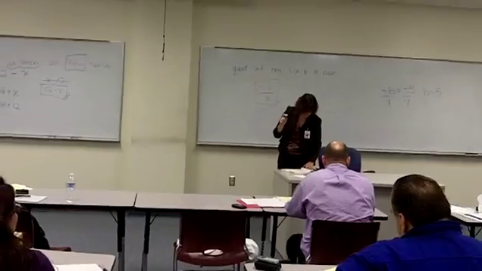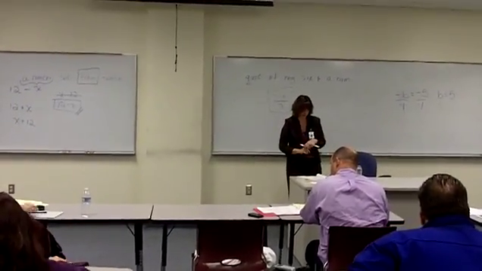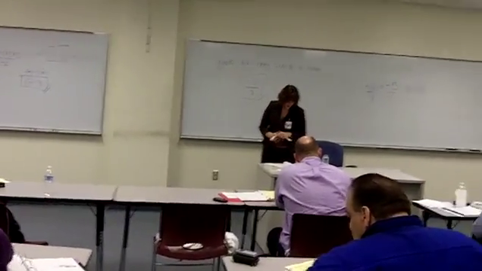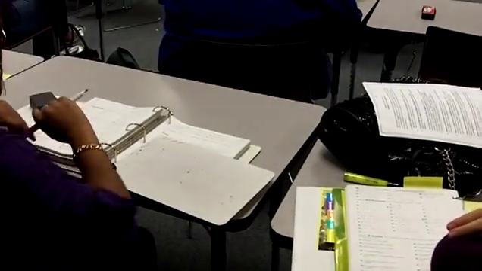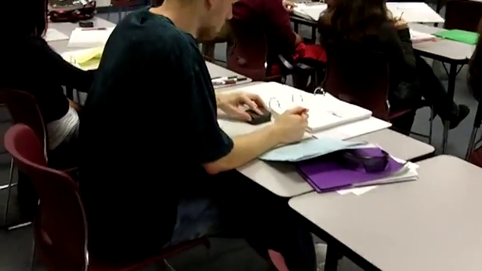Okay, so, I want you to try on your boards number 84. It is twice a number decreased by 30. And yes, you can use your little cheat sheet that I gave you for now. What was it?